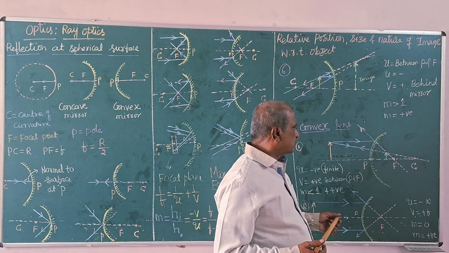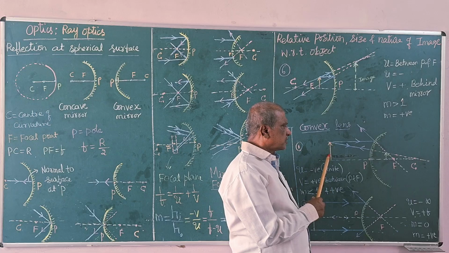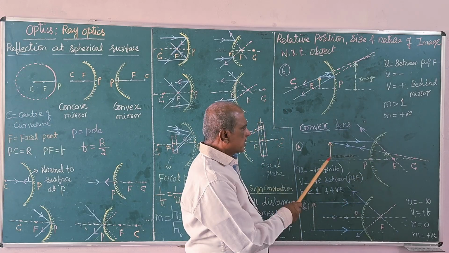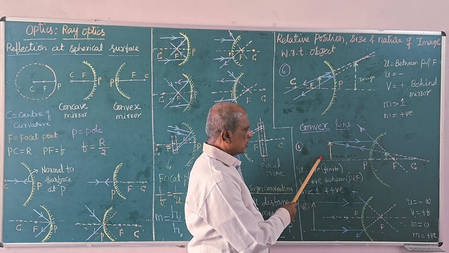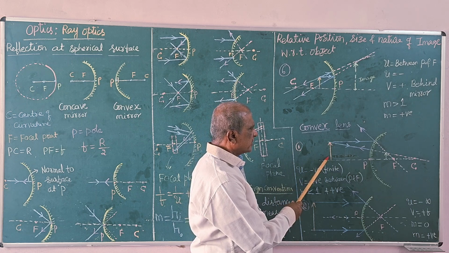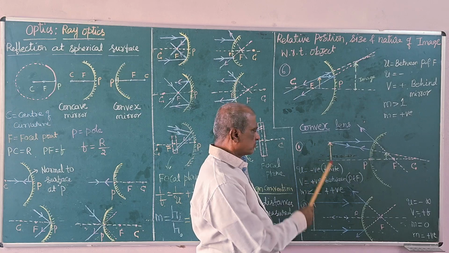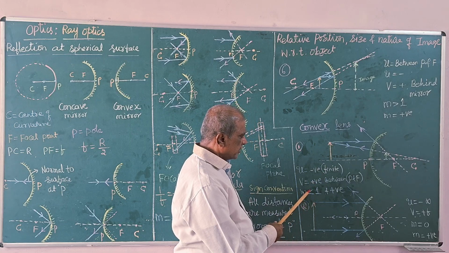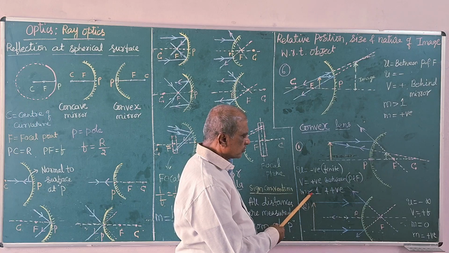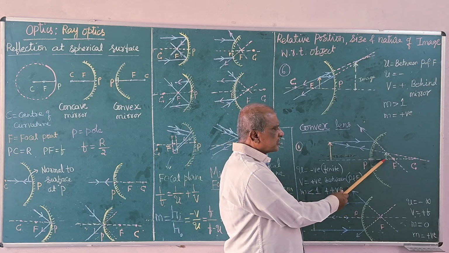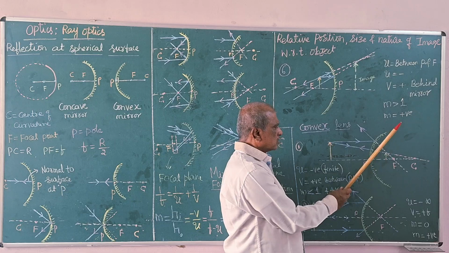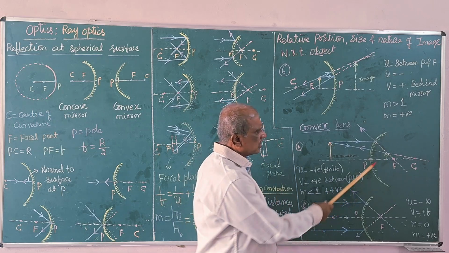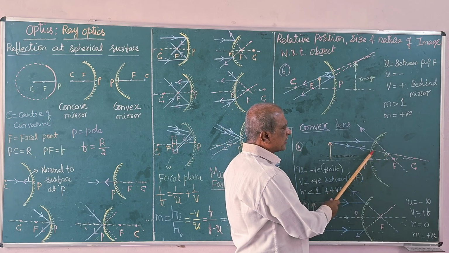Looking at the differences between the image and the object size, it is diminished. In this case, if the object is at any finite distance, the image is always diminished, reduced to a smaller size, and also it is virtual and erect, behind the mirror.